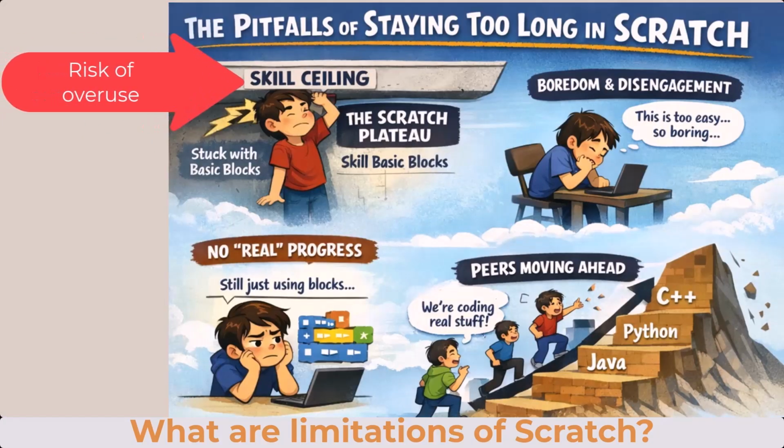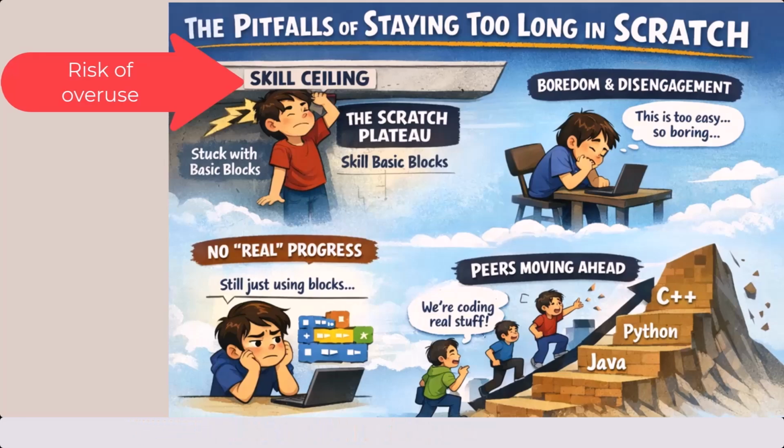And lastly, there is the risk of overuse. If students work only with Scratch for too long, they might feel stuck or feel like they're not progressing. These are the main drawbacks that can be discussed regarding Scratch.